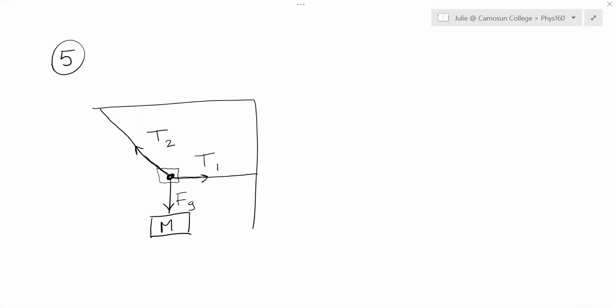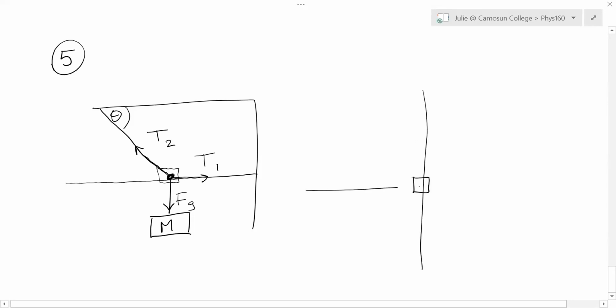Now we've got to translate this angle down to our mass. Where does that angle go? So let's do our X and Y. I'm going to put my mass over here. I've got T1, I've got Fg, I've got T2. Okay, so there's our three forces.